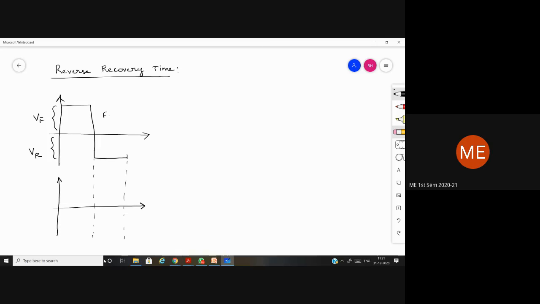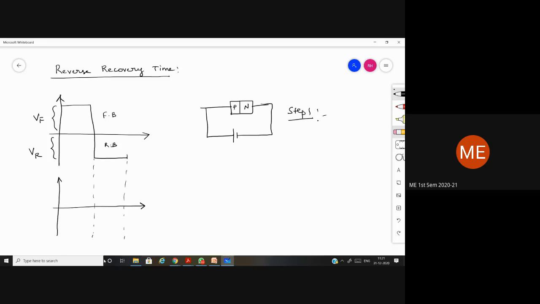So this is the forward bias. This is the reverse bias. See, what happens is we have a p-n junction, p type and n type. Now, first let us take step 1. In step 1, I'm going to connect this diode in forward bias condition.